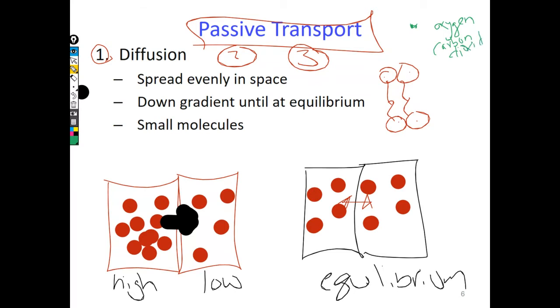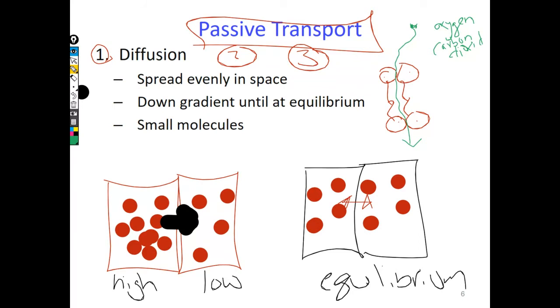Okay, so things that are very, very tiny, and allows them to slip just between our phospholipids. Okay, they shimmy between.